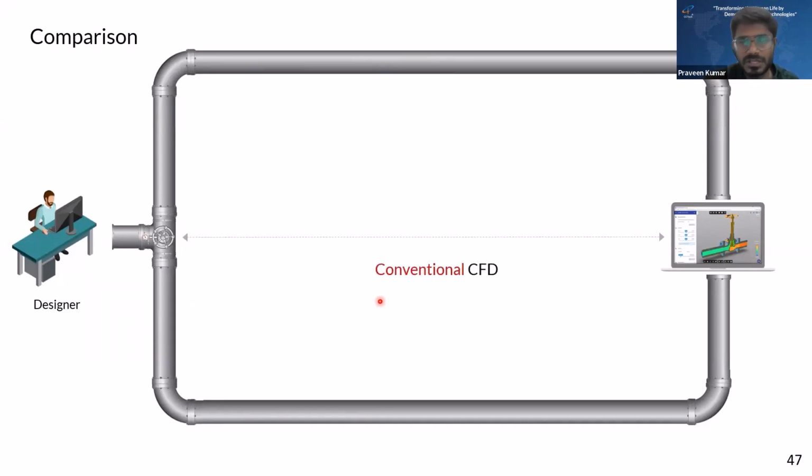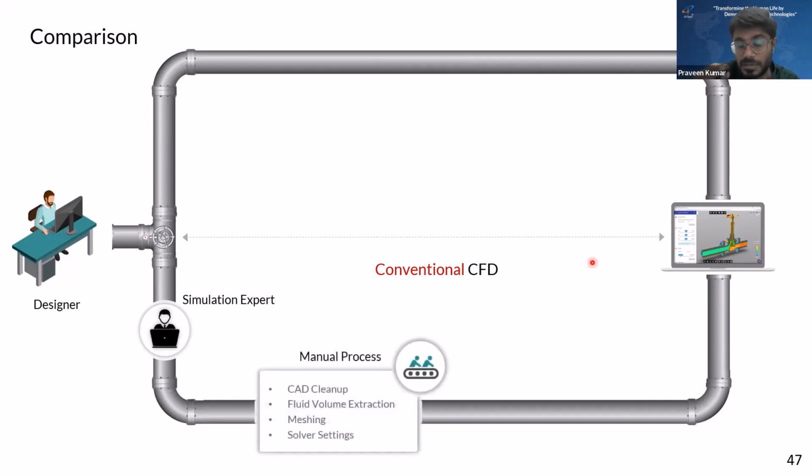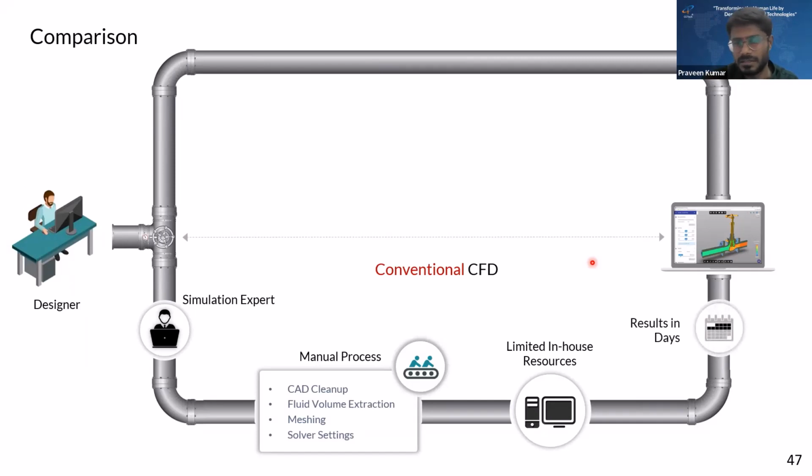In a conventional CFD method, for a designer to reach this result stage, he has to rely on a simulation expert, and the simulation expert does all the CFD process manually, and is limited by the in-house computational resources accessible to him. This sometimes takes days or even 2 weeks.